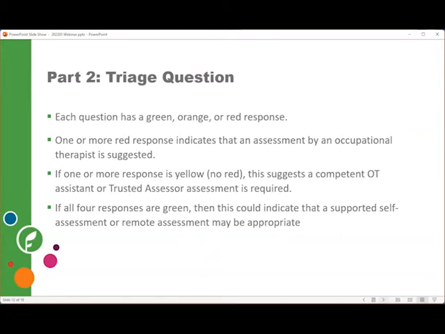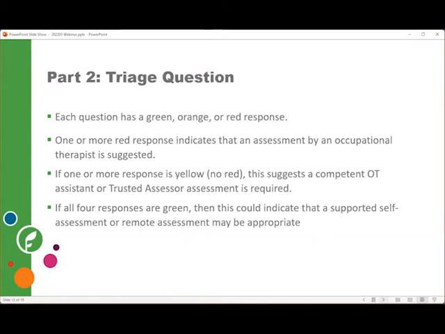Each question has either a green, orange or red response. If one or more responses is red, then that indicates that an assessment by an occupational therapist is probably needed in terms of providing guidance around what is necessary and appropriate.